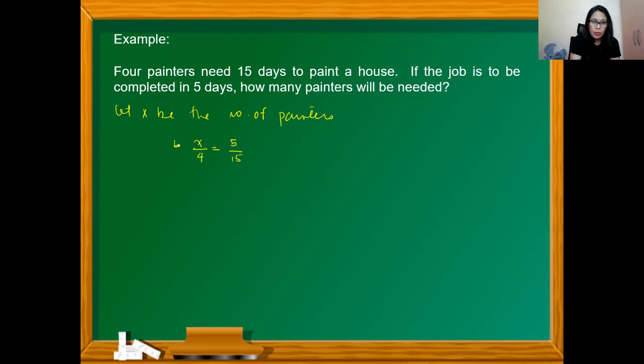Now, this is our B1, B2, and this will be our A2 and our A1 because this is inversely proportional. Now, we come up with equivalent fractions.